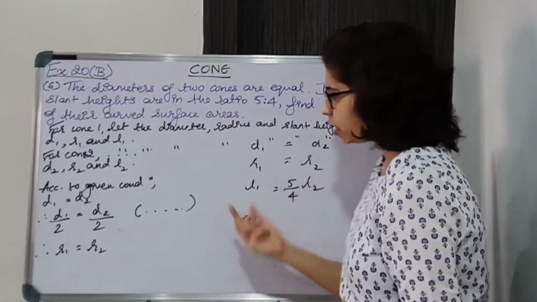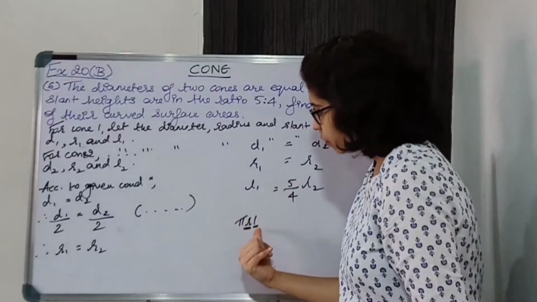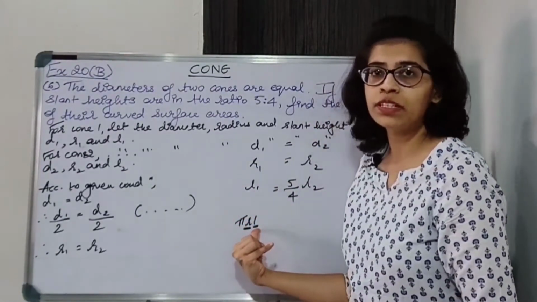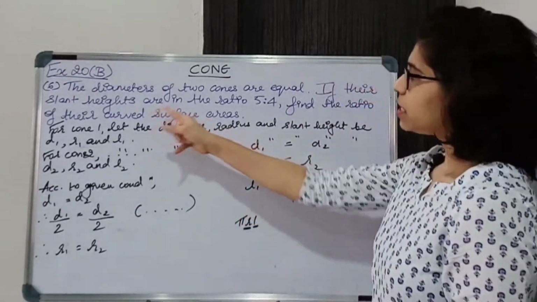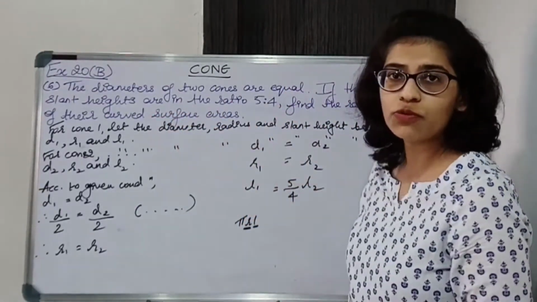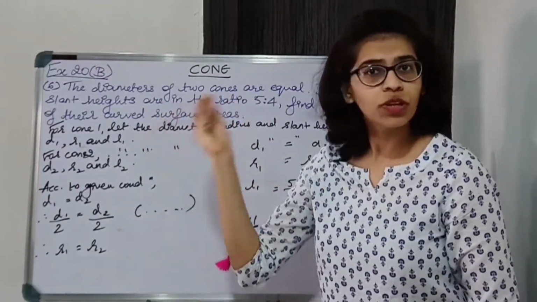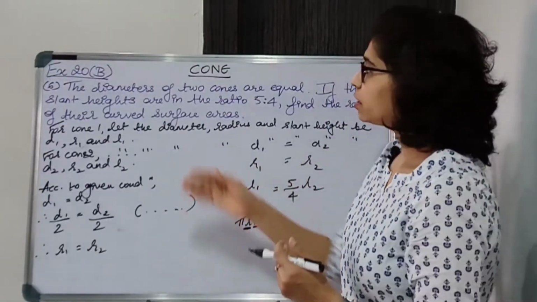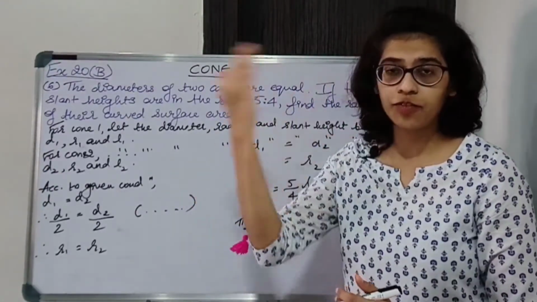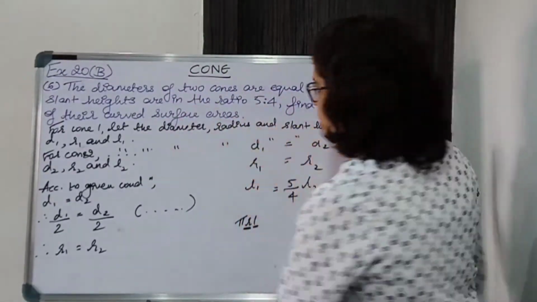Okay. We got the relation between the radius. Now we need this for curved surface area. Same thing, we need to build the relation between the slant heights. So what is given for the slant height? The slant heights are in the ratio 5:4. It is not given whether it is cone 1 is to cone 2 or cone 2 with respect to cone 1. So when it is not given, you consider L1 upon L2. Obviously the first one upon the second one is whatever the ratio is given.